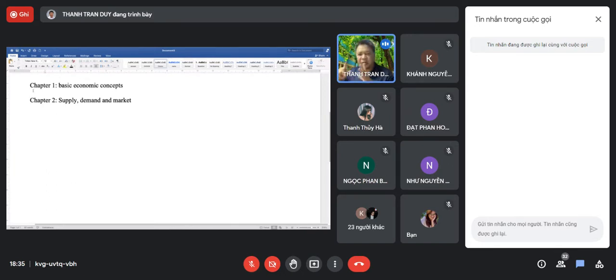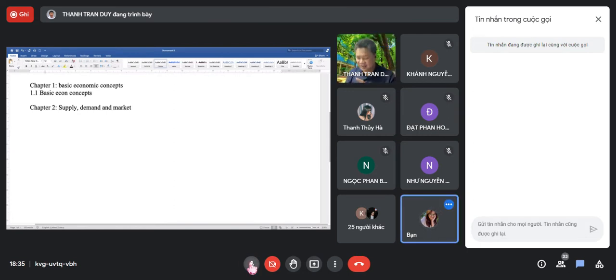Anyone tell me, what do you remember in chapter 1? Now, anyone tell me what are the basic economic concepts? Anyone?